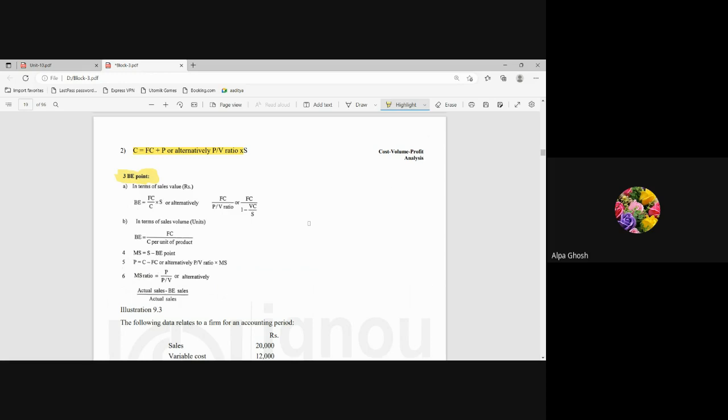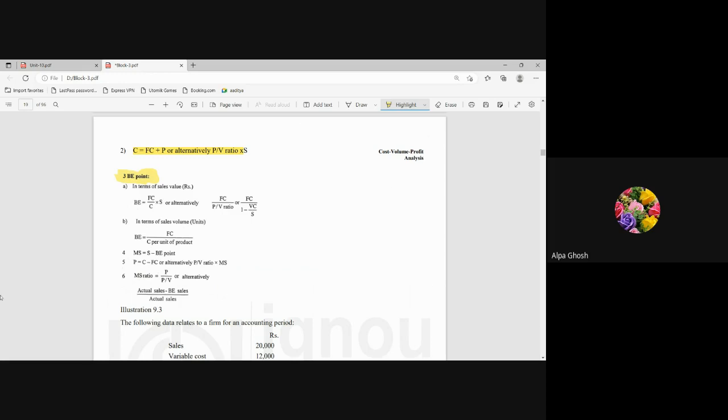Or alternatively it is fixed cost divided by PV ratio. And PV ratio is 1 minus VC, variable cost, upon sales. And when it is in terms of units, it is fixed cost divided by contribution per unit of product.